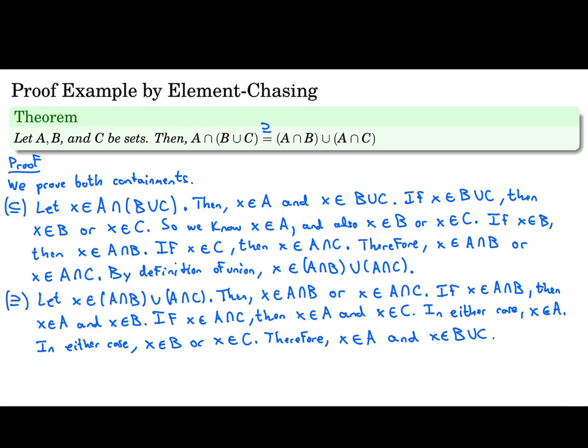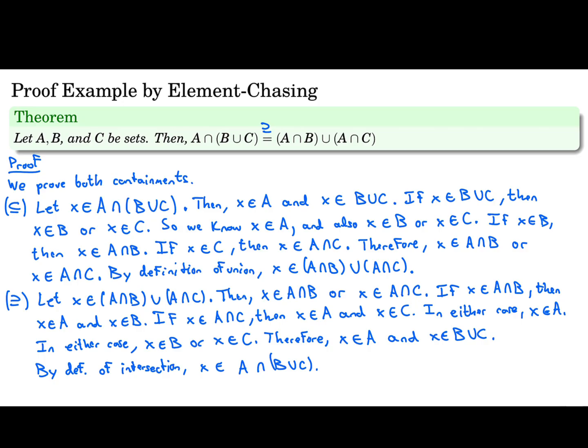And finally, by the definition of intersection, what this means is that X belongs to A intersection B union C. And so this finalizes the second containment. So with this, we showed that if X is on the right-hand side, then it's also on the left-hand side.